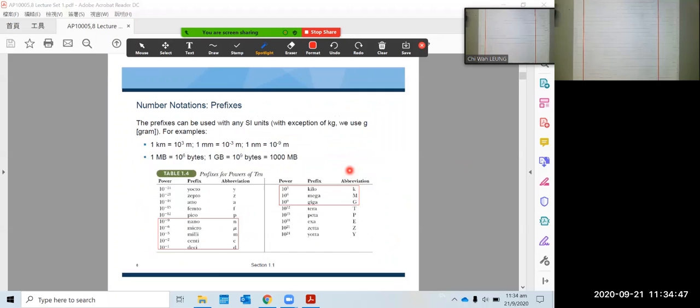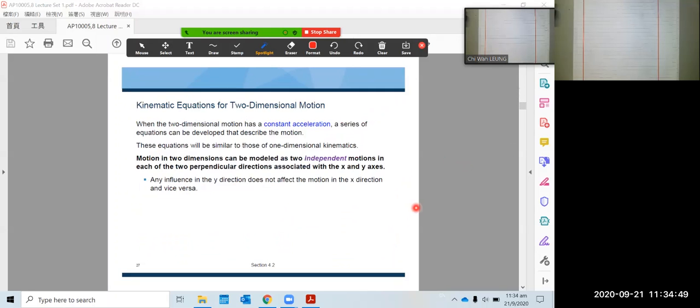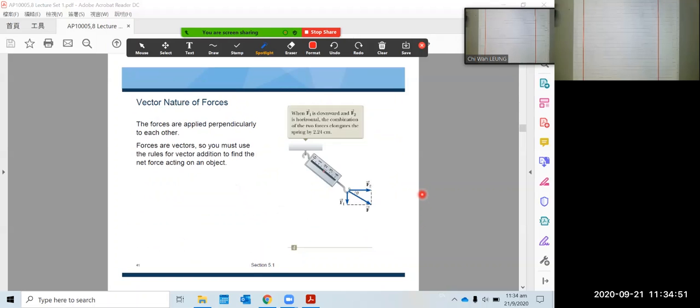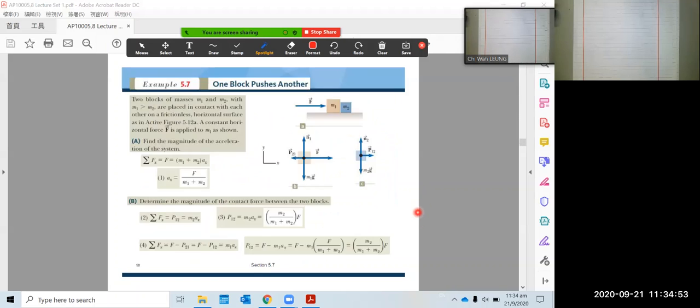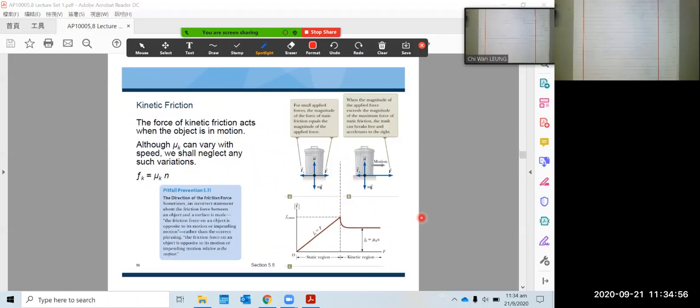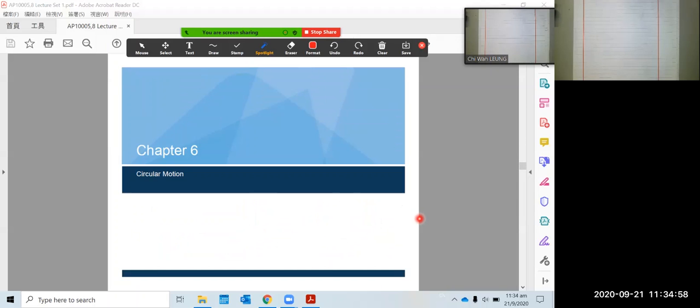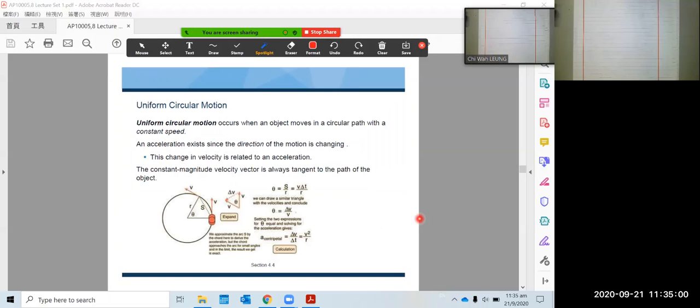We have talked about the equation that governs uniform circular motion. In the case of uniform circular motion, we are talking about a point object moving in a circular orbit with constant speed.